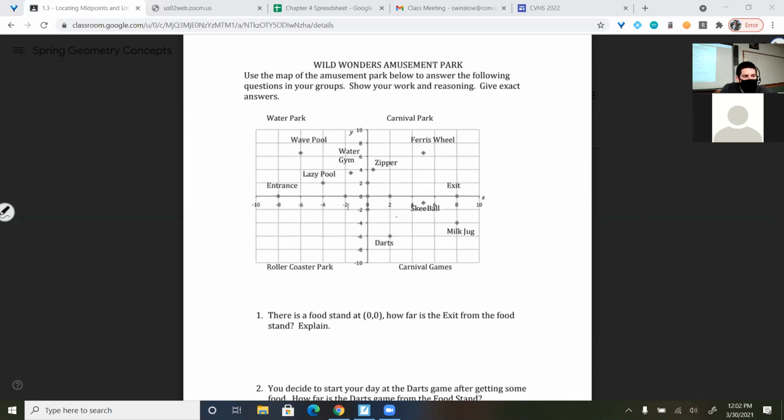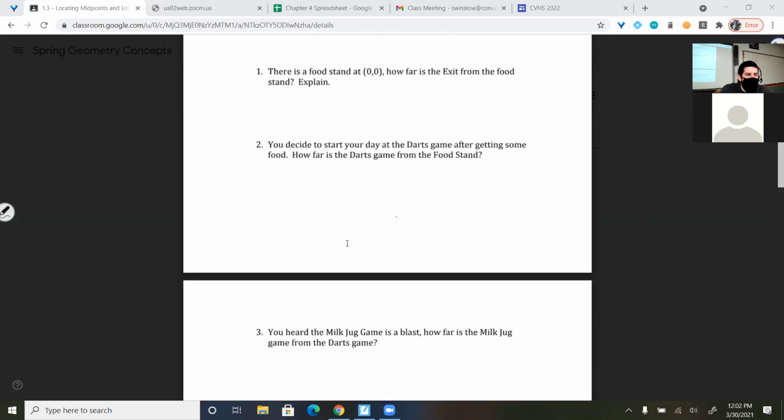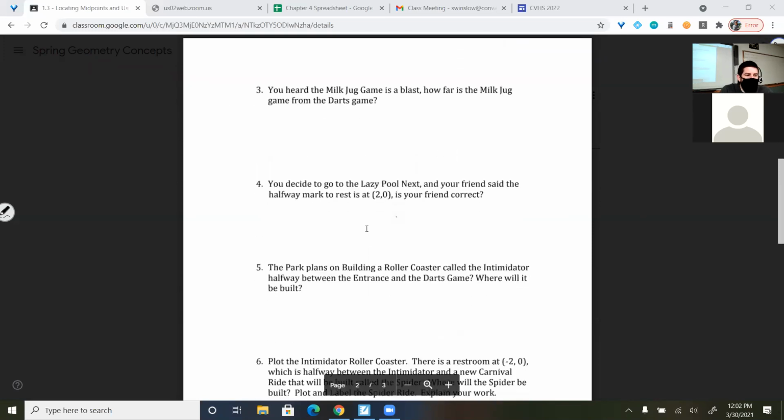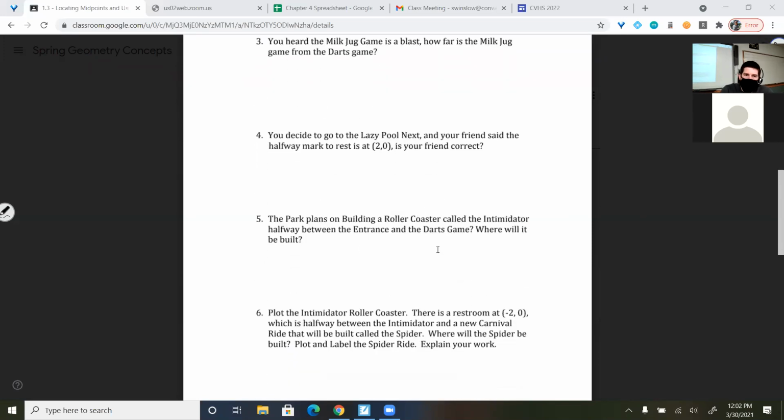So your answer should be somewhere around here, because if I were to draw a line straight through from the darts to the entrance, somewhere in the middle is going to be in the roller coaster park. So you want to find the midpoint between the entrance and the darts game, and that coordinate point is where the Intimidator will be built.